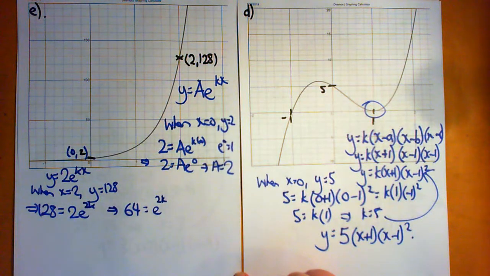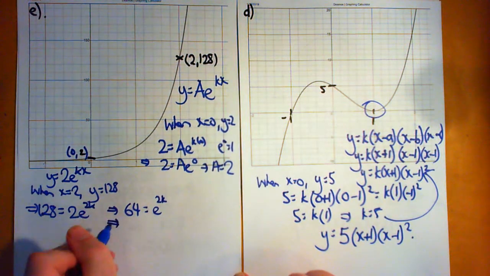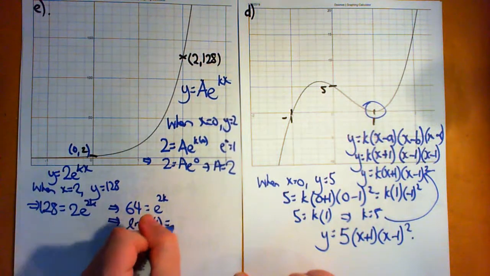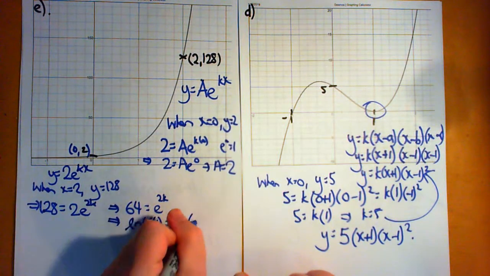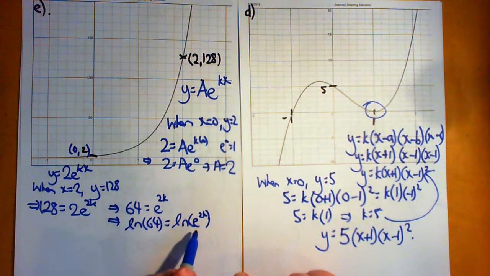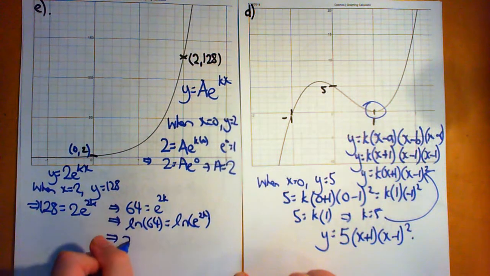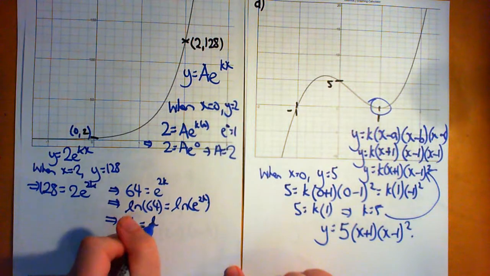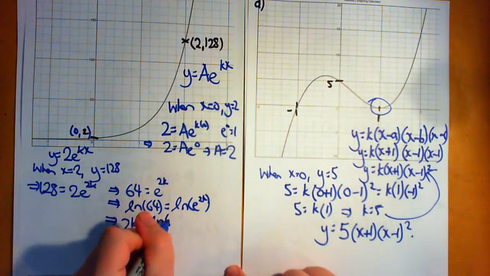Now we need to get rid of that e. How do we get rid of an e? We need to take the natural log of both sides, take ln of both sides. So ln of 64 equals ln of e to the 2k. And ln and e cancel out to leave us with 2k equals ln of 64.